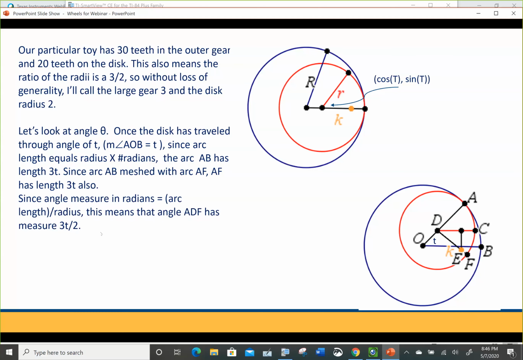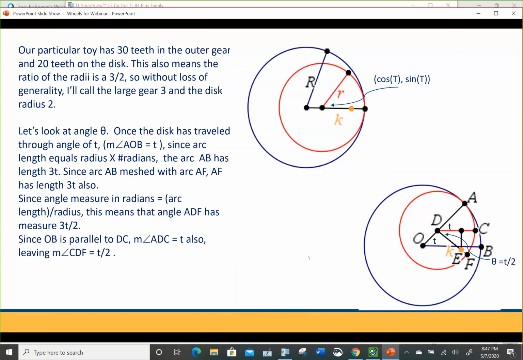Okay. But if you look at CD and OB, they're parallel. So that means ADC is also t. Now, if ACD is t, but ACF is 3t over 2, then angle CDF, which, by the way, we called theta earlier, that angle is just t over 2.